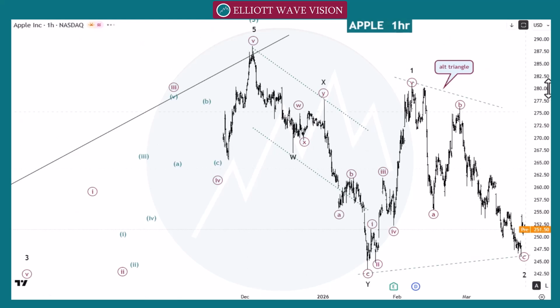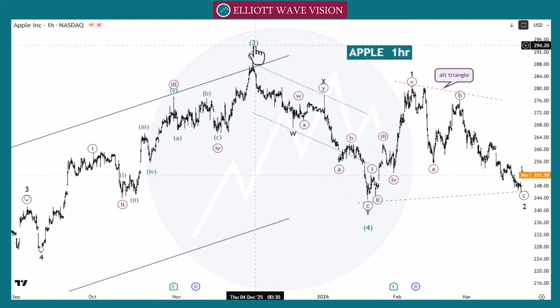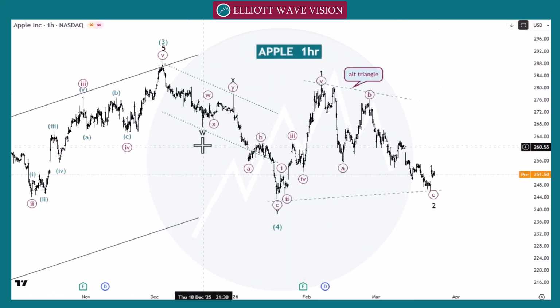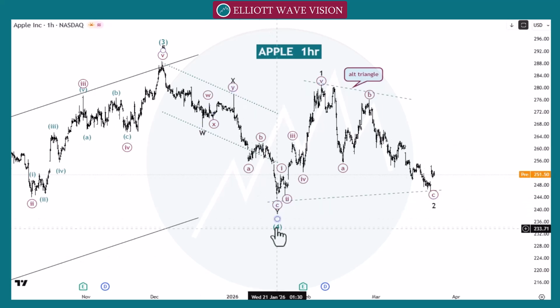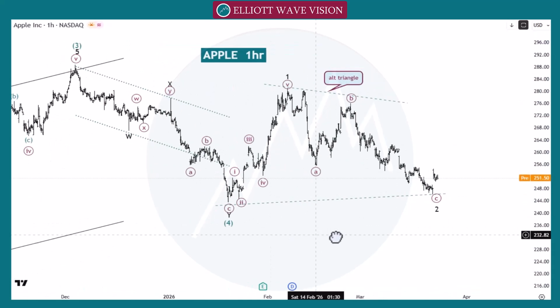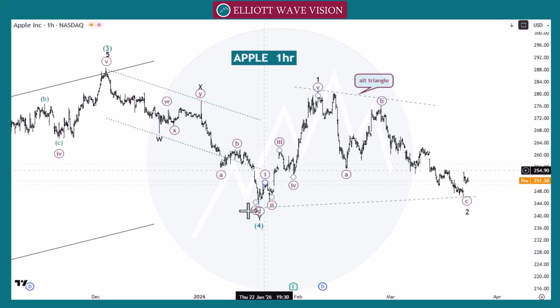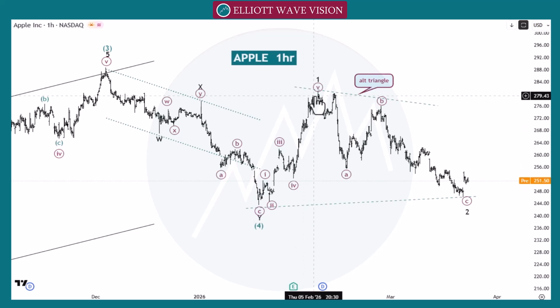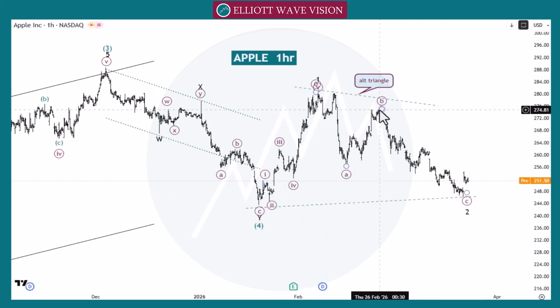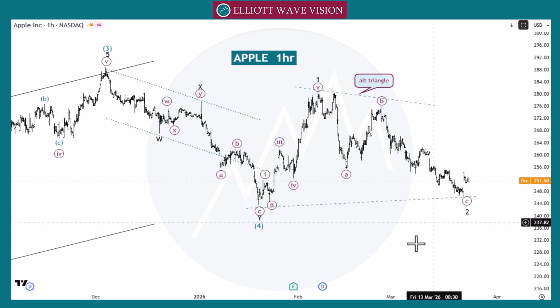So in 1 hour time frame, after this green wave 3, we count this structure as a W, X and Y as a green wave 4. After this green wave 4, we count this move as an impulsive move like 1, 2, 3, 4 and 5, black wave 1. Then the market gives us this move as a B and C as a black wave 2.